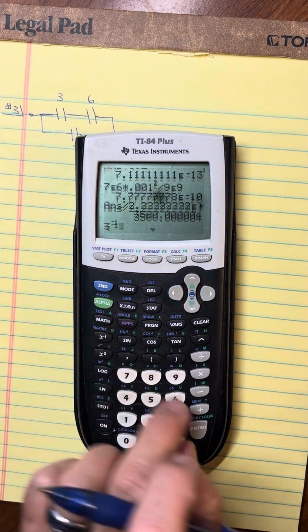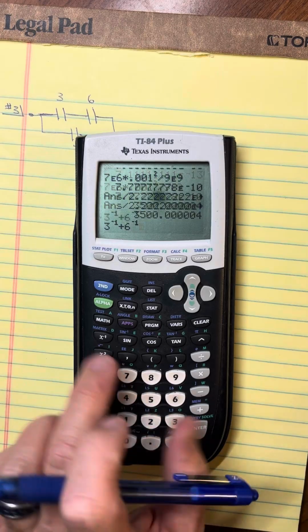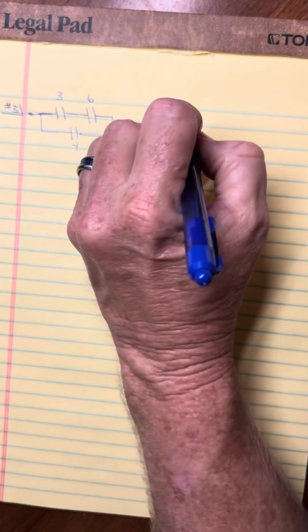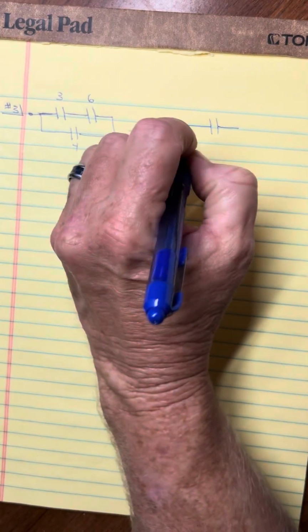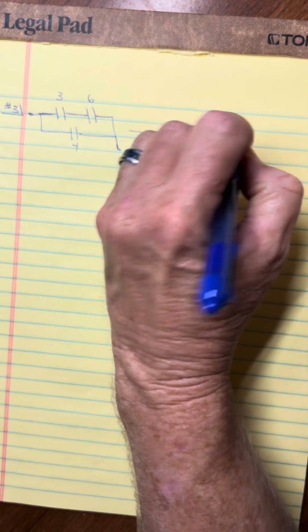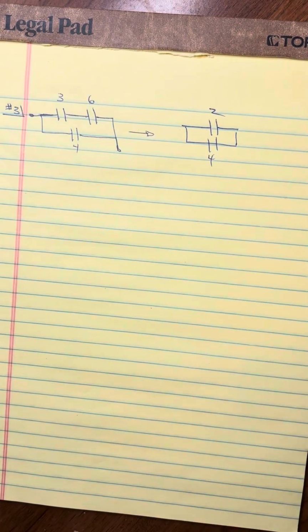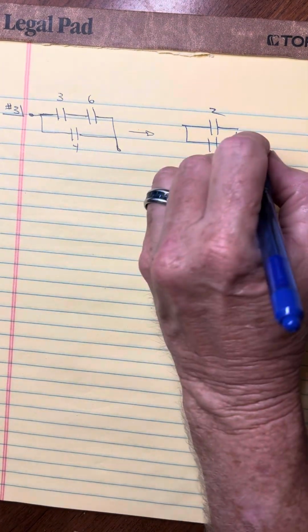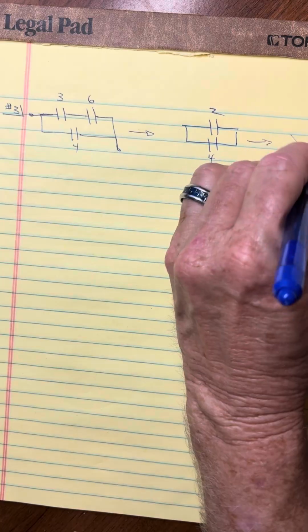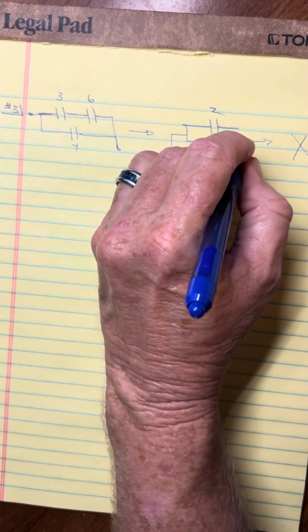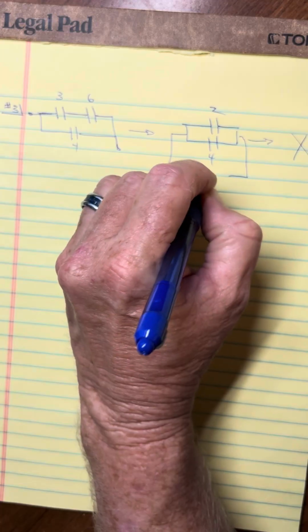So 3 reciprocal plus 6 reciprocal, then the reciprocal of that, gives me a 2. So this would be equal to a 2, and a 4. And of course, that could be equal to a 6, but I'm going to stop there because remember, this is hooked to 24 volts.